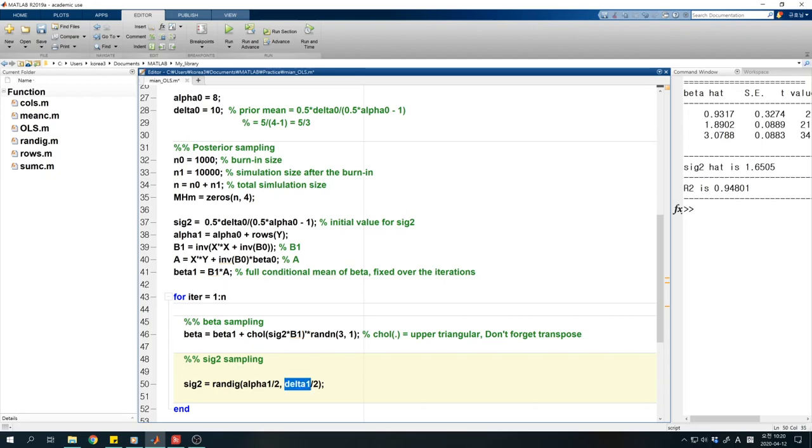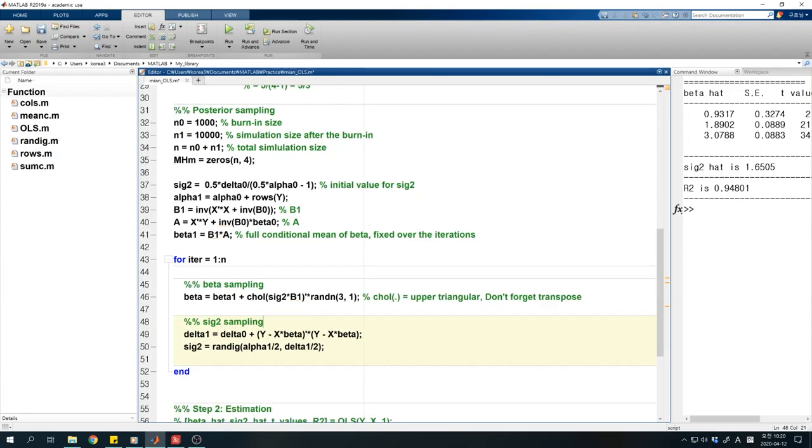Right, delta 1 is defined as delta 0 plus the sum of squared residuals, right? y minus X times beta, prime, times y minus X times beta. Yes, all right.